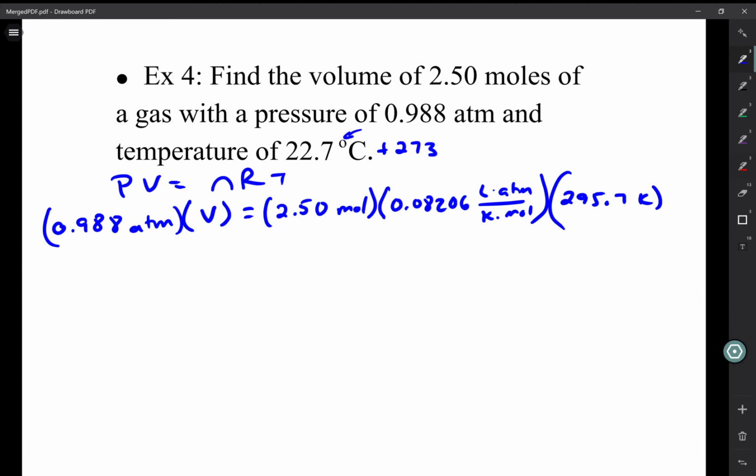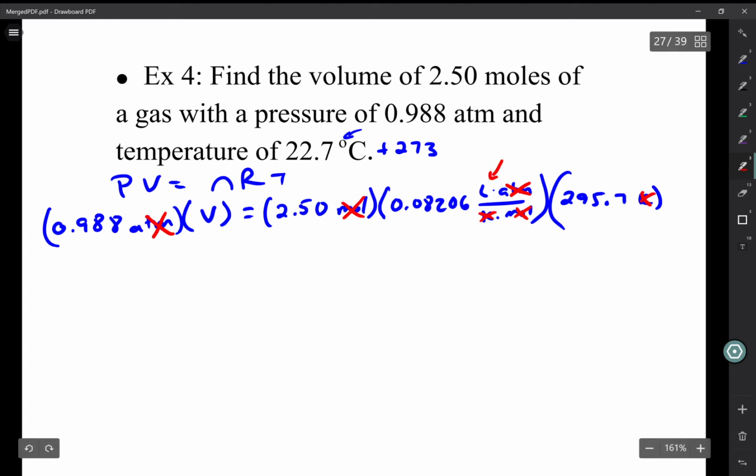All right, now, before you start doing all your calculations, let's make sure the units cancel out. All the units in your equation should cancel out with the units in your constant. So here's pressure in atmospheres. That cancels with that atmospheres. Moles and moles, so those moles are gone. Kelvin and kelvin.